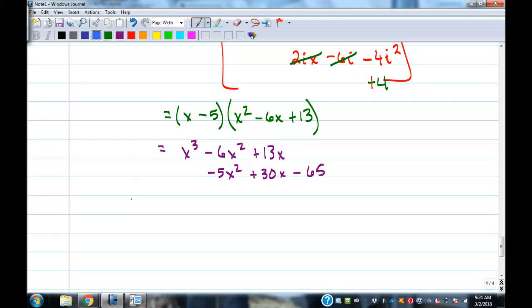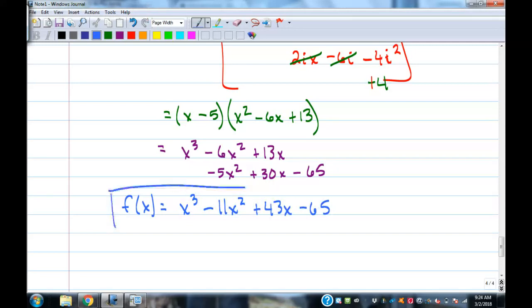And the final answer is x cubed minus 11x squared plus 43x minus 65. You can graph that final polynomial, and it should cross the x-axis at 5 and not cross it anywhere else because of the complex zeros.